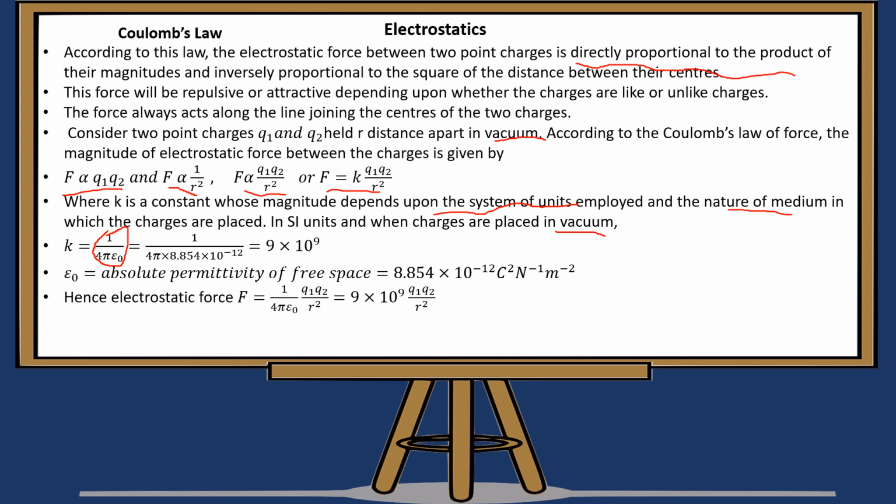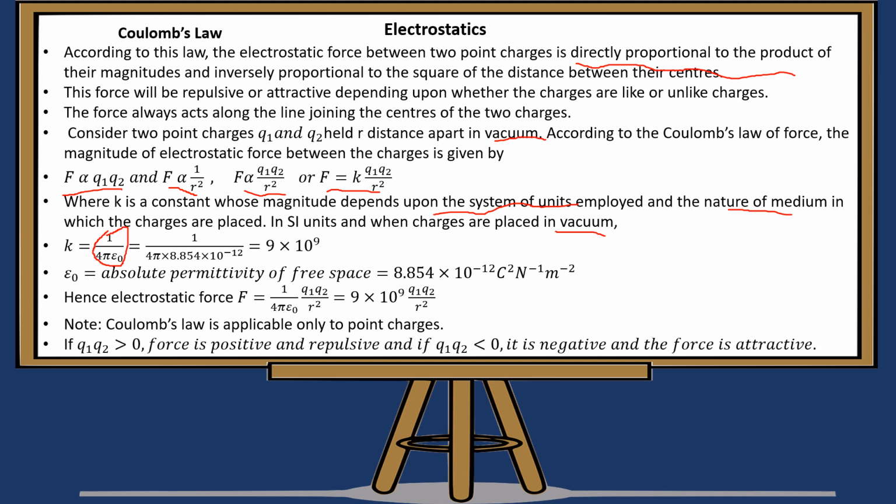Hence, the electrostatic force between two point charges F is equal to 1 by 4 pi epsilon 0 Q1 Q2 by r square, which is equal to, substituting the value of K, 9 into 10 raised to 9 Q1 Q2 divided by r square. A point to be noted: Coulomb's law is applicable only to point charges.